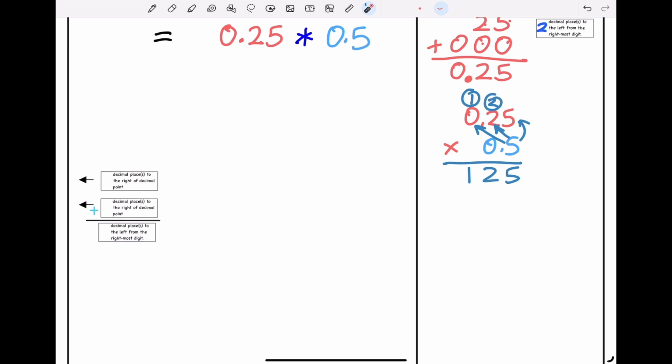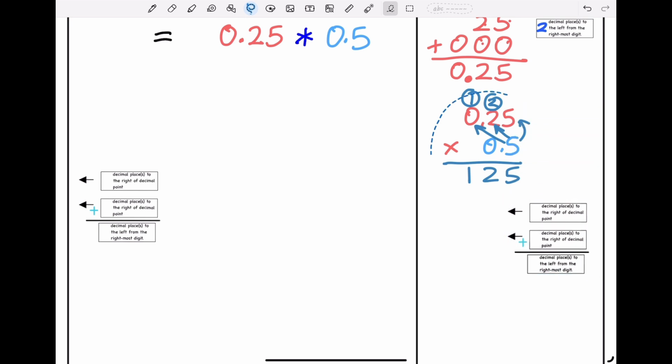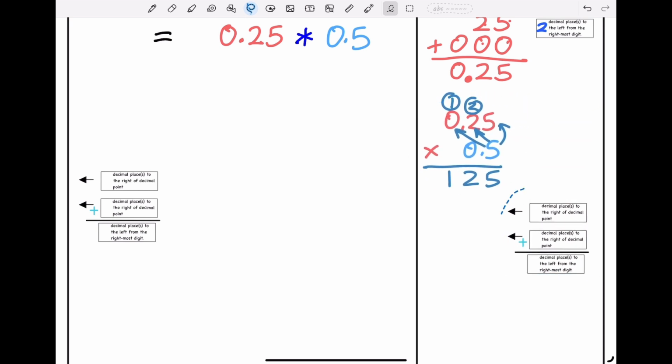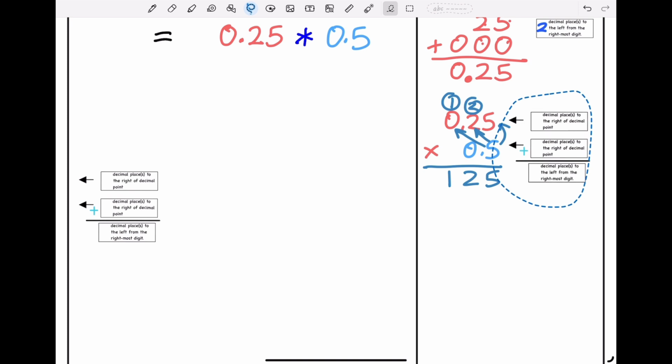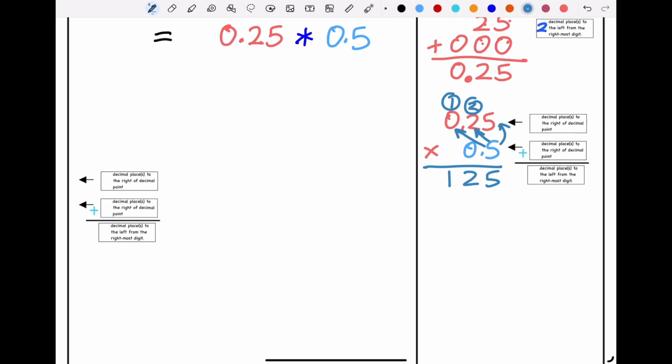However, we still have to figure out where to put the decimal point. So for that, we do the same process. We're going to count the decimal places to the right of the decimal point. So if we do that, let me move this over to the side so we can fit this. There we go. So 0.25 has 2 decimal places to the right of the decimal point.